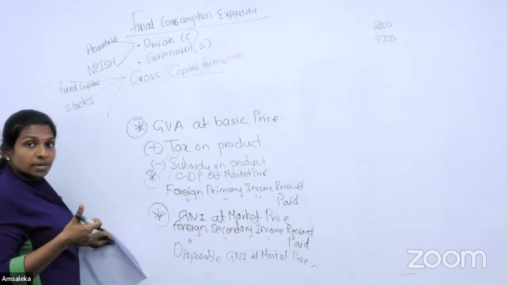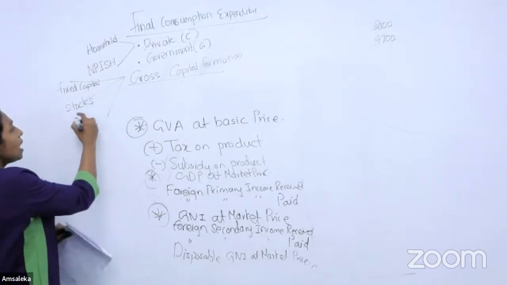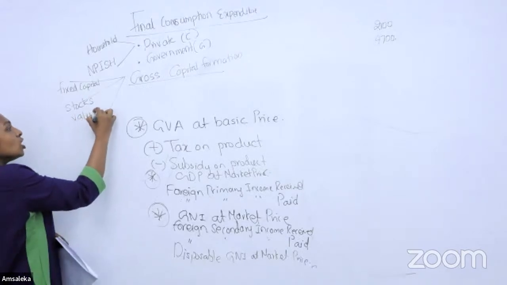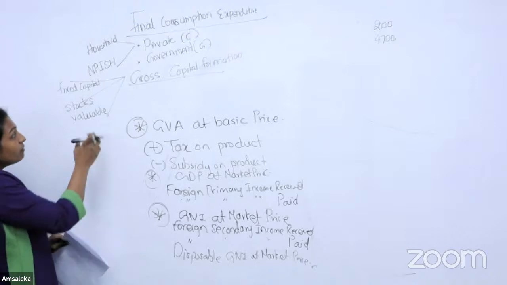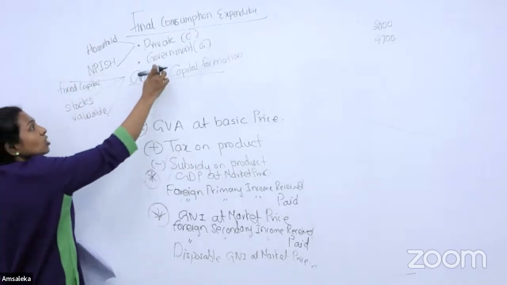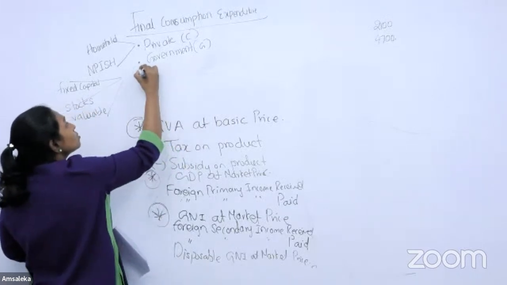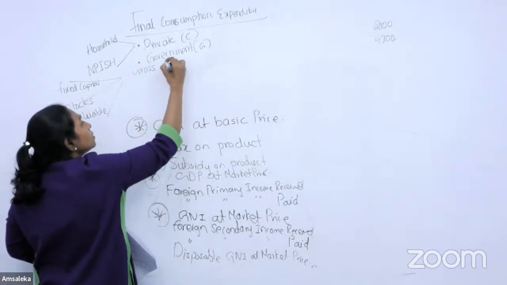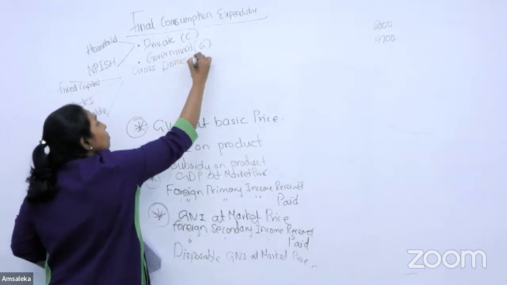Raw material, work in progress, finished goods; the change in that stock's worth. And valuables. What are valuables? Gold, diamond, jewels. These three are included in gross domestic capital formation.